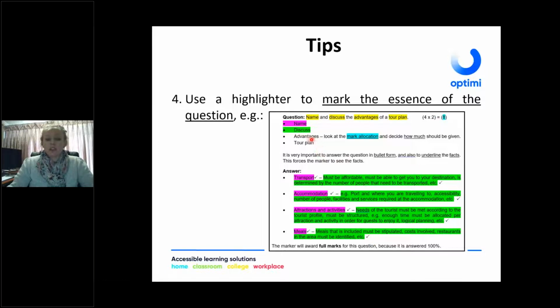But make sure that whatever you have named and discussed is with regards to the tour plan and not another topic or something else, because that will then help you to receive full marks. Then you can also just write it in bullet points, or you can underline the specific facts. This also helps the marker to see that you understand what the question asked.